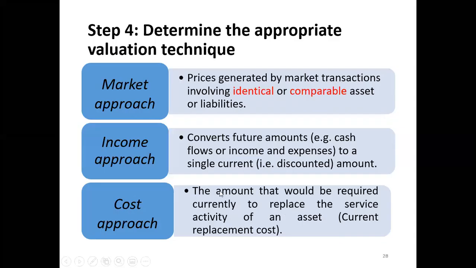When it comes to entity specific use, you take a discount rate applicable for that particular entity, but here we are taking a market discount rate, thereby giving it a market orientation. So the income approach is an alternative to the market approach.